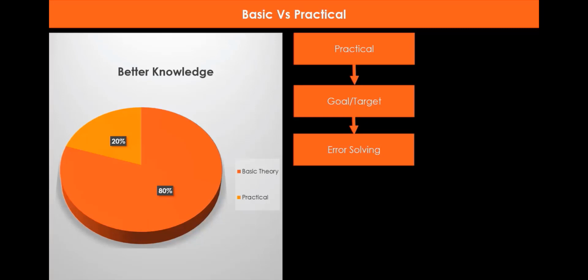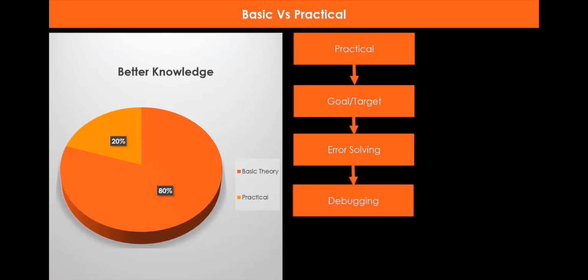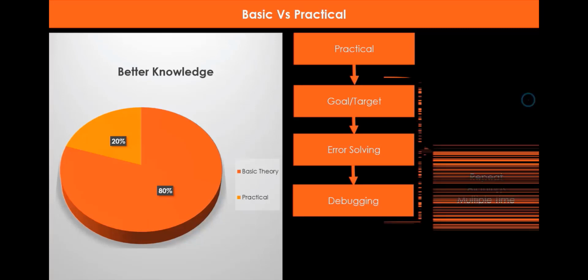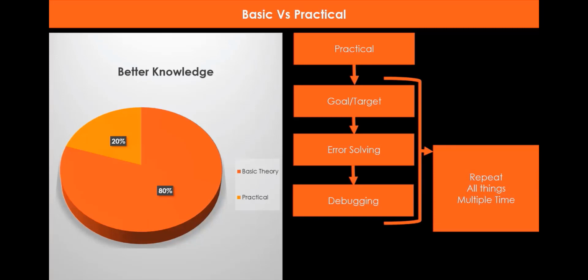But sometimes we can't recognize the error from our terminal or from our output, so we use debugging. When you use debugging, it helps you understand the flow of your program, the flow of your function, or the flow of your loop. We cover all of these day by day, and we repeat all of these things multiple times, which gives us very good knowledge.